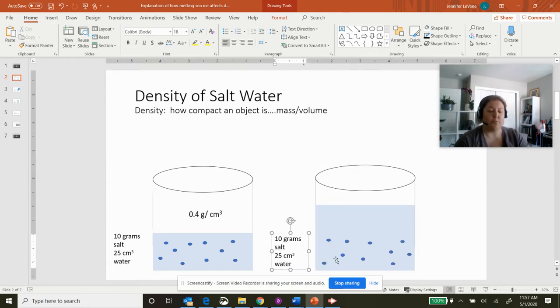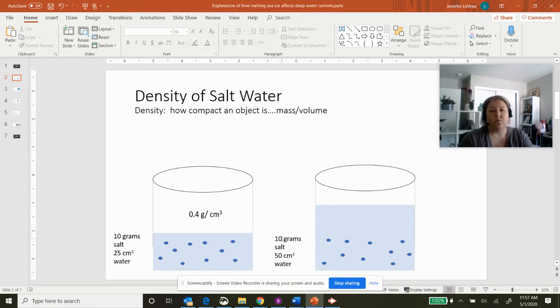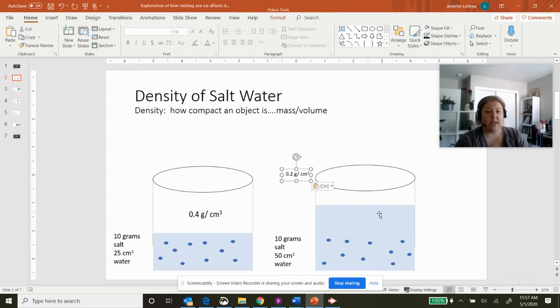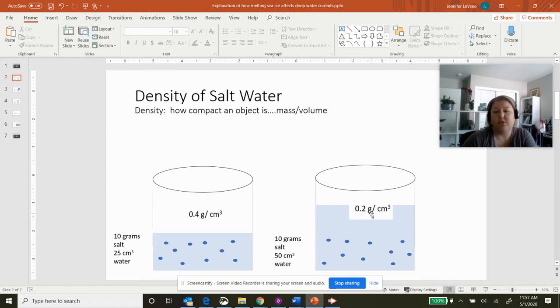Instead of 25, it's 50 centimeters cubed of water. I didn't change the particles; there's the same amount of salt in it. So if I take that equation and change the amount of water, it changes to 0.2 grams per centimeter cubed. That is the density now of this new water.